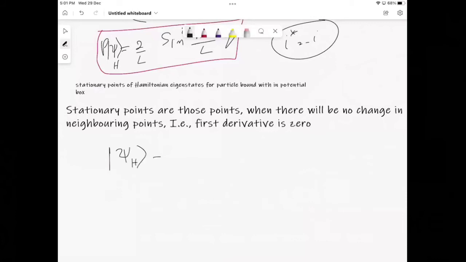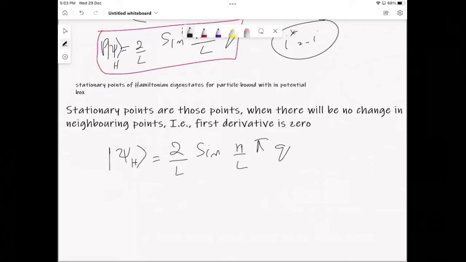Psi h will be equal to, we know that that is equal to 2 over L sine n pi over L q.